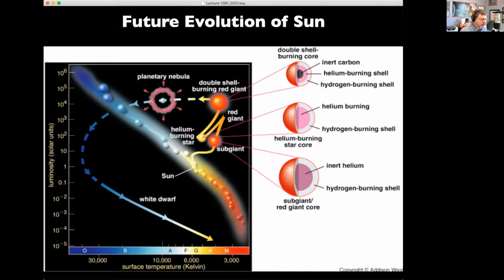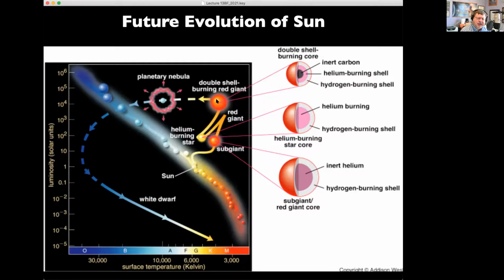For complex reasons, the star actually moves back down, and then it moves back up. So you have this red giant, and then this little dance, and it becomes a double shell burning red giant. You don't need to know that phrase. You do know that this is called the asymptotic branch. So the sun goes up the red giant branch, back down, and then back up as it starts to burn helium. And then not a lot happens.